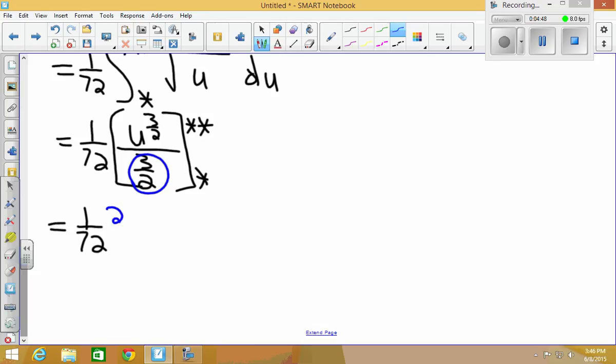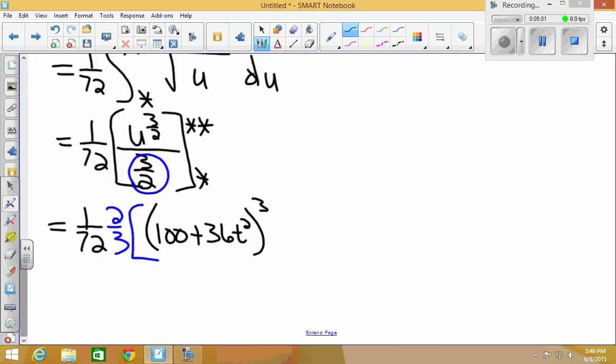So let's do that, times 2/3, u is equal to 100 plus 36t squared, and that's raised to the 3/2 power. Now that we're back to t's, we can evaluate from 0 to 1, which were our original limits of integration.